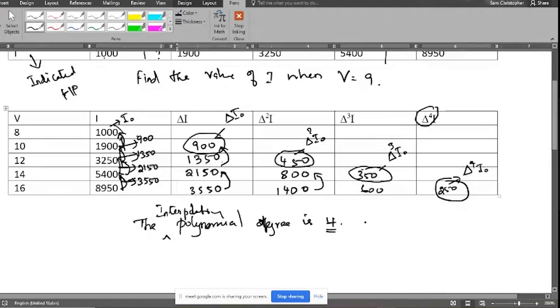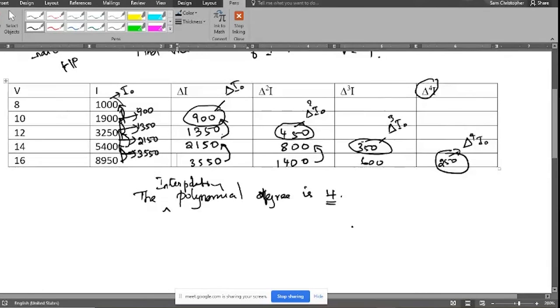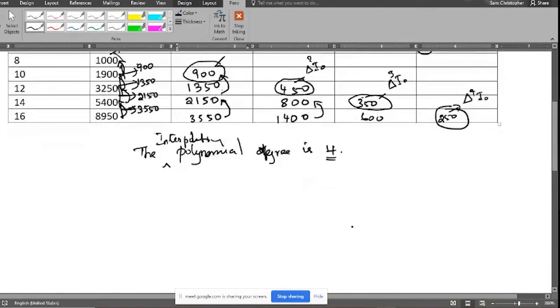That we inferred. Next, we are going to find the particular interpolating polynomial using the formula. We are given the formula.